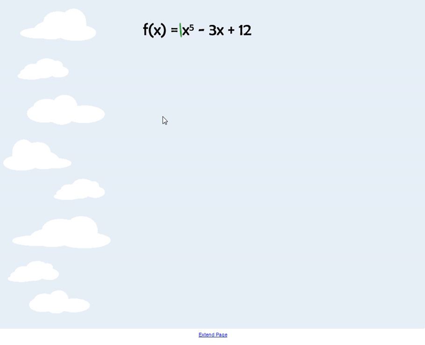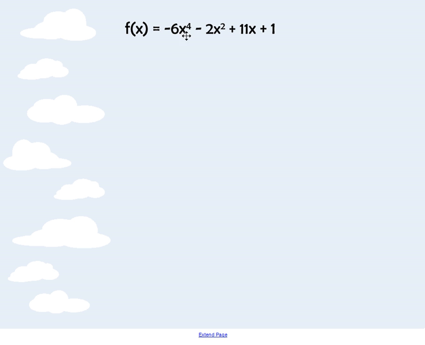So this one is going to fall left, and it's going to rise right. So this is how we would describe our end behavior. So on your homework, that's what you're basically going to write. Falls left, rises right.